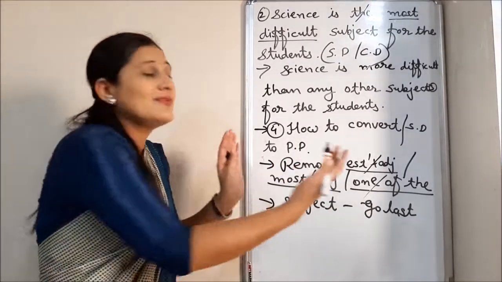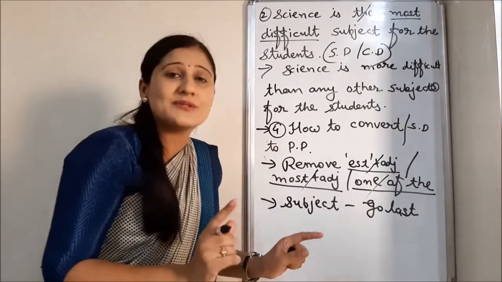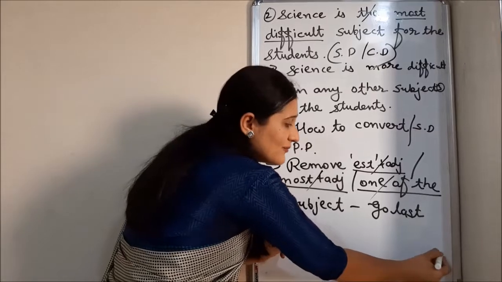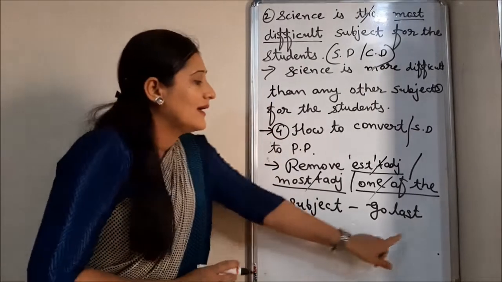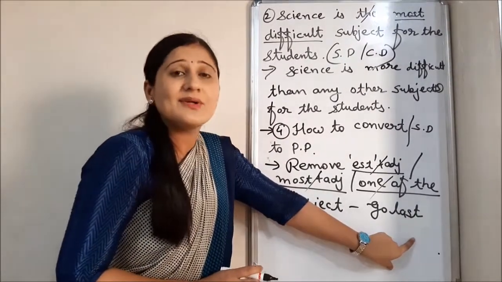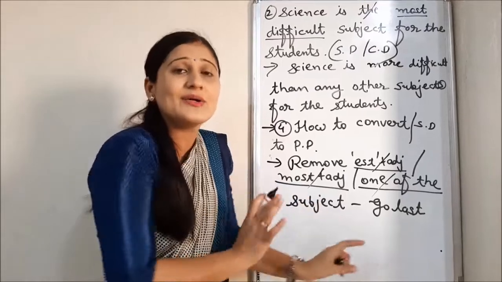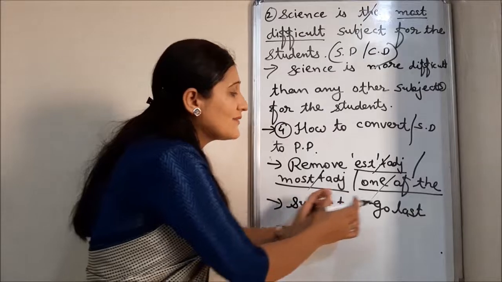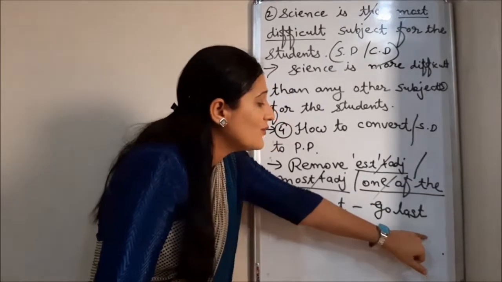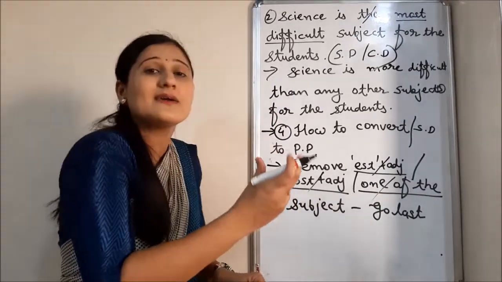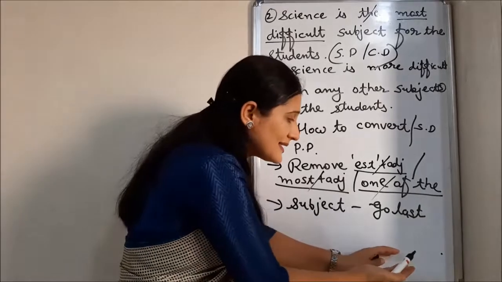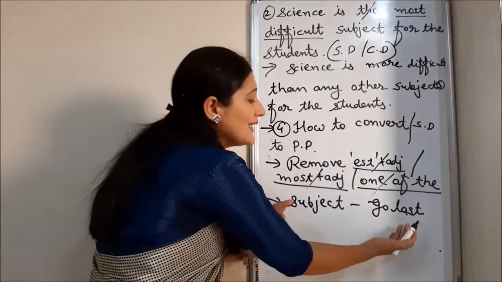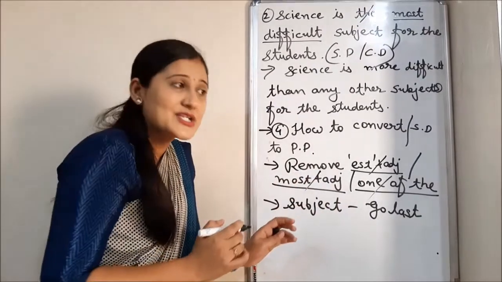The meaning is we need to exchange the subject, but this first subject will go last when the full stop will be. But here the last subject will not be last, right? That's why I have not written exchange the subject. Here I have written main subject will go last, and we need to find out where is another noun in between the sentence or in the ending of the sentence. So in short, the subject will be exchanged.